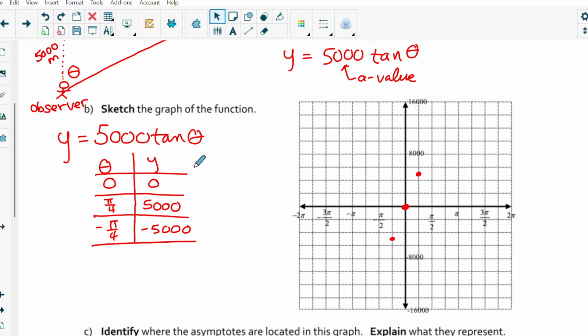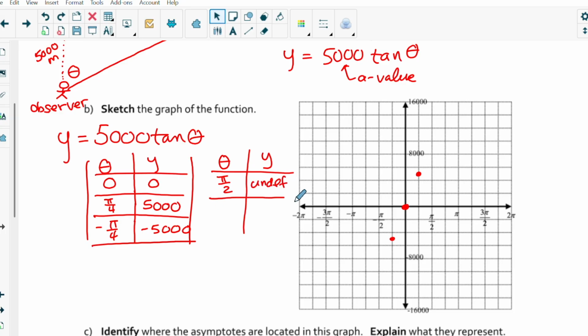A couple other key points that I'm going to do, let me just do 2 more here. Pi over 2. What happens at tangent of pi over 2? Well, that's undefined, right? What happens at tangent of negative pi over 2? That's also undefined. So what do I have there? I have asymptotes.